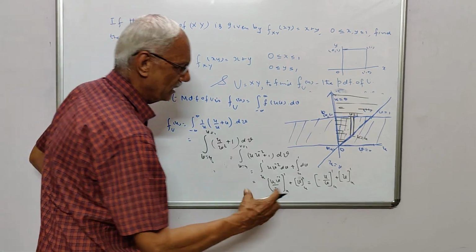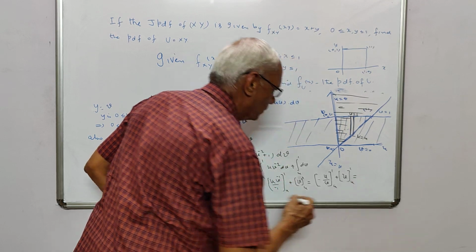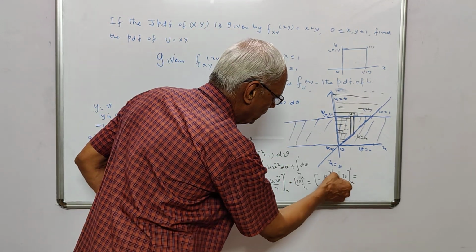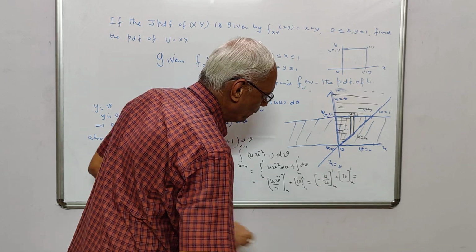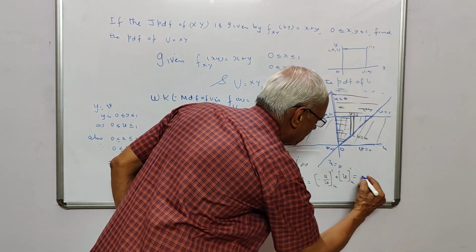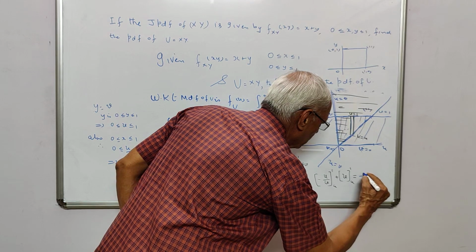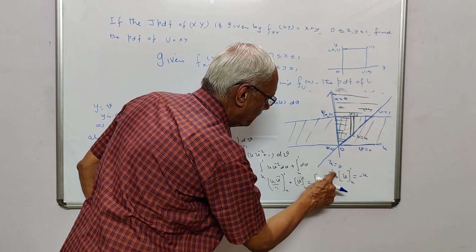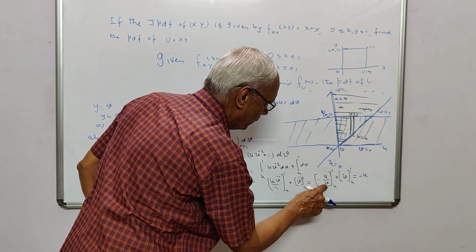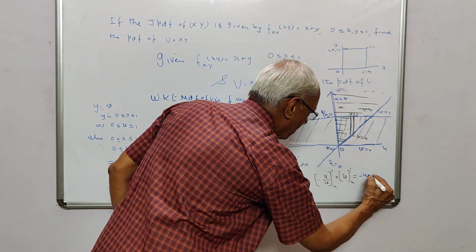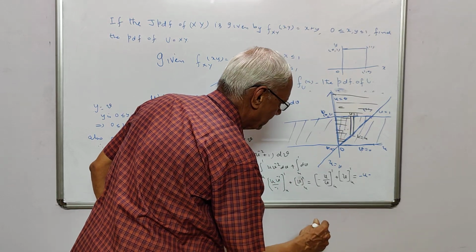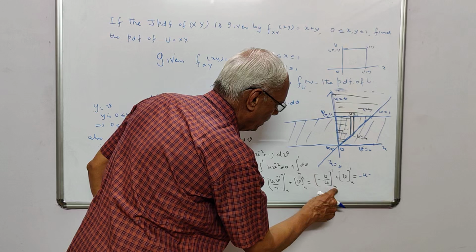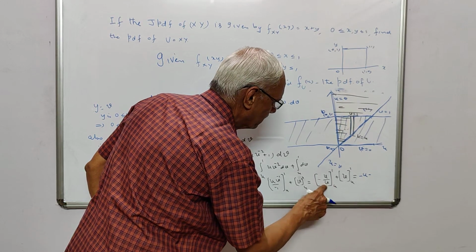So what is that you will get here now? So this is equal to, so I will straight away write. So this will be equal to what? If you substitute here 1, if you put v is equal to 1, it is minus u. And if you put here v is equal to 1 it is minus u minus, then if you put v is equal to u, it is minus 1.